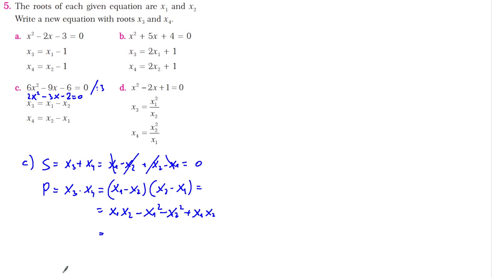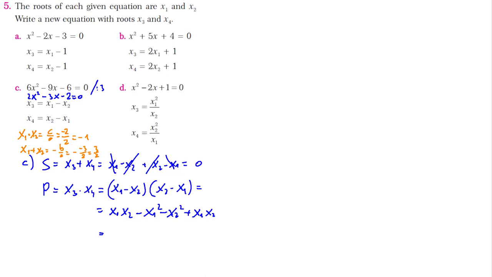So from Vieta's theorem, we can figure out that x1 times x2 is actually negative c over a. For us, c is -2 over 2. That makes -1. And the sum x1 plus x2 is negative b over a. For us, it's -3 over 2. That makes it just 3 over 2.